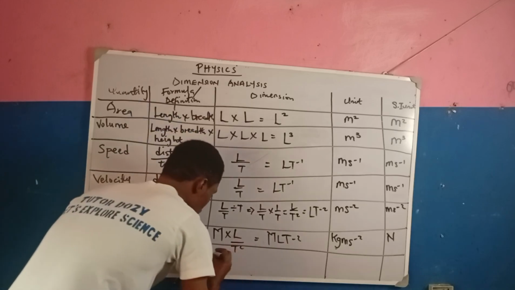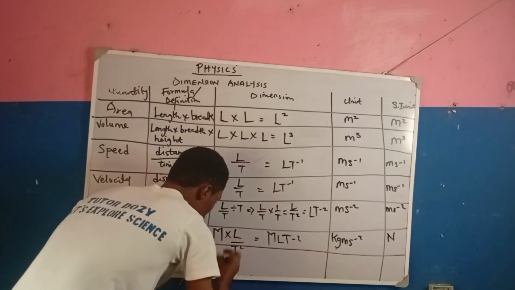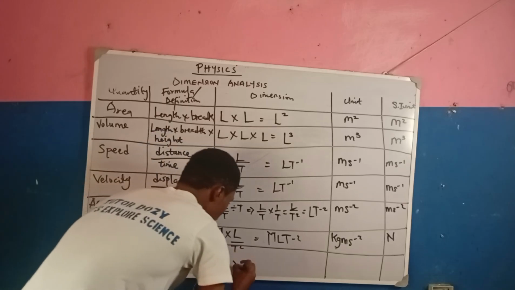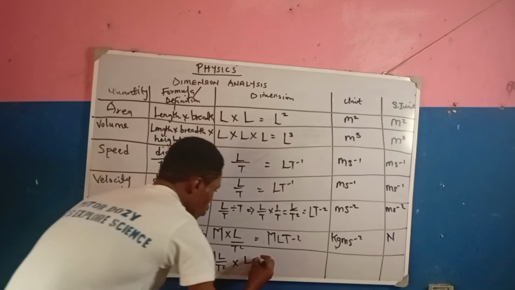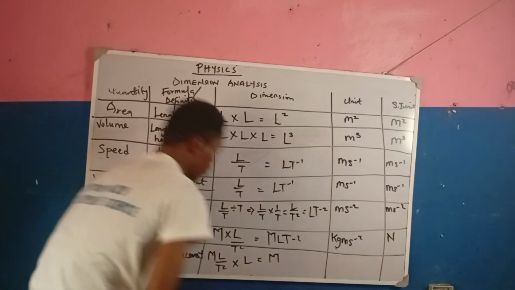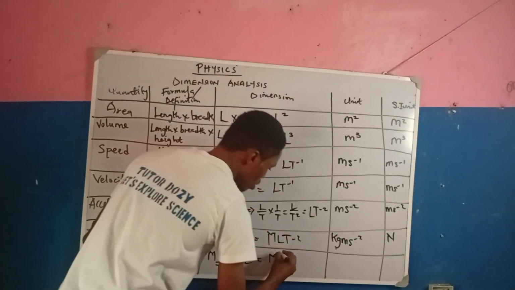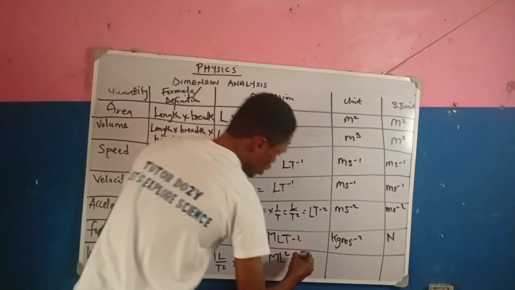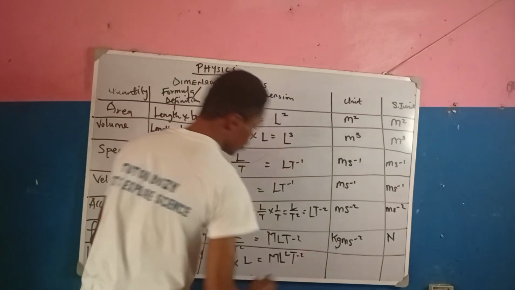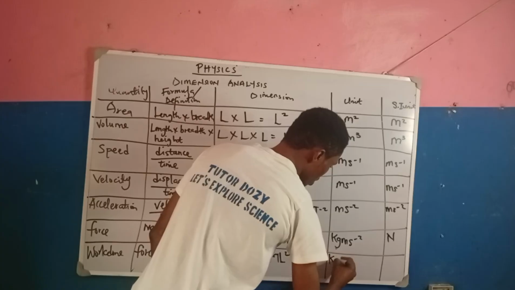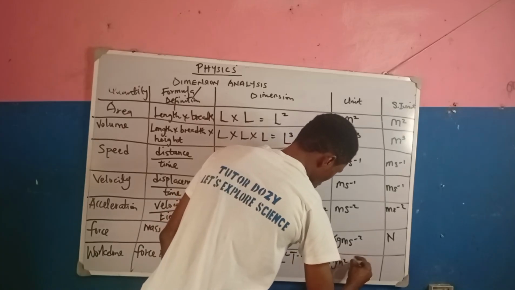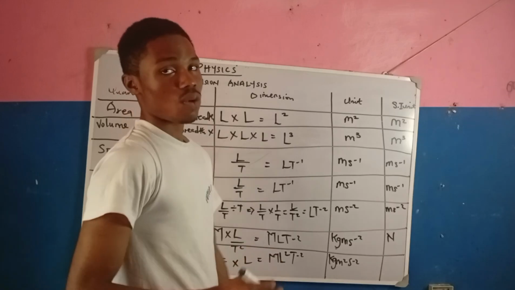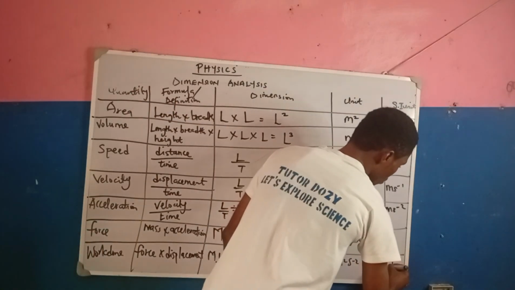Now our force is M L over T squared, times displacement L. Combining them, we have M times L squared, and this T, bringing it up, becomes T minus 2. So here we have kilogram meter squared per second squared. But the SI unit for work done is joules.